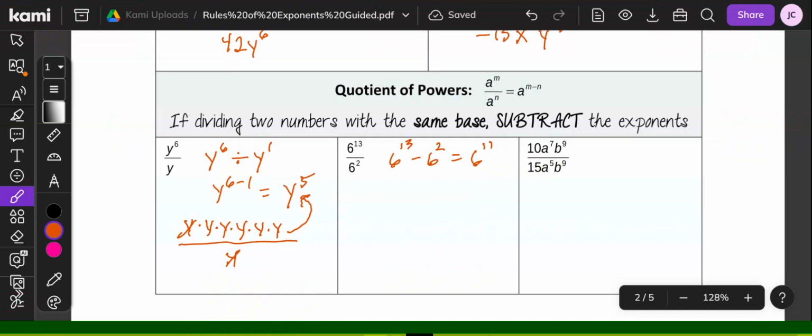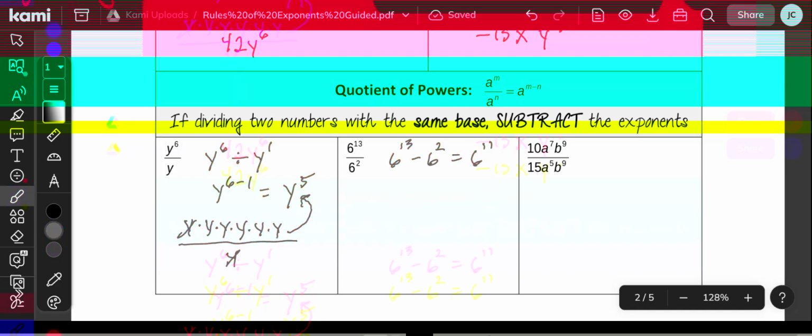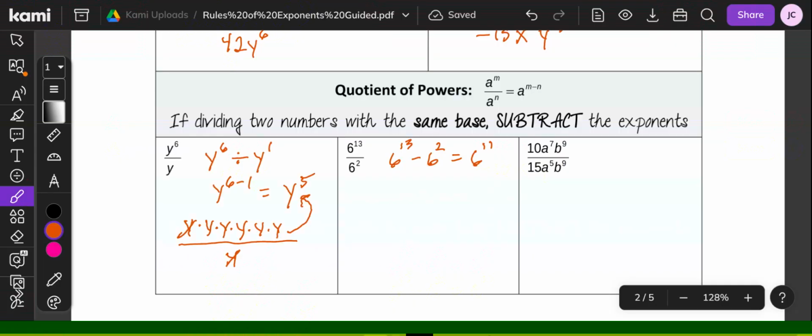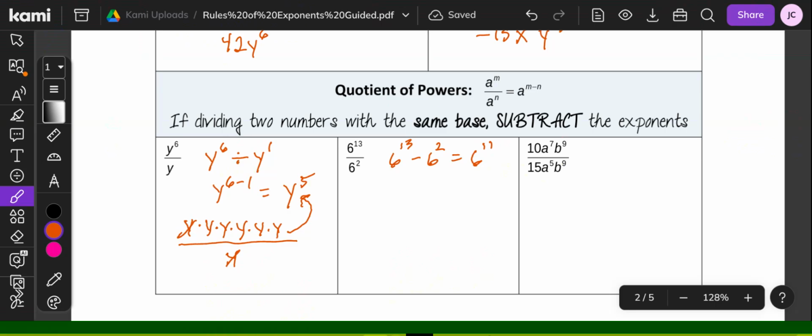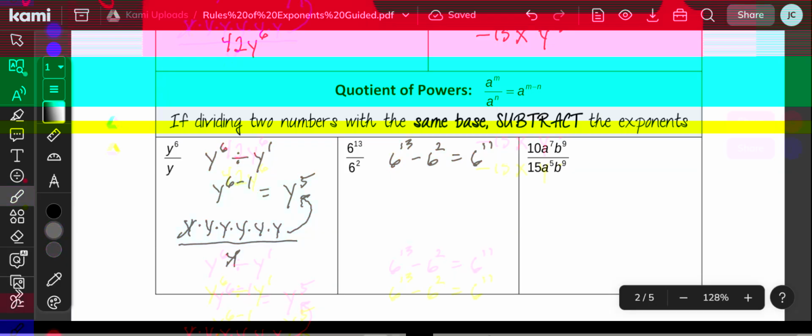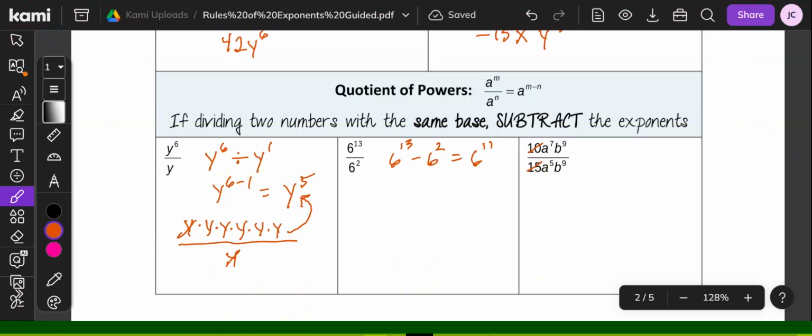Now, I've got a fraction, 10 over 15, right? And 10 and 15 have common factors of 5. So I'm going to divide both of those by 5, and I'm going to get 2 thirds.